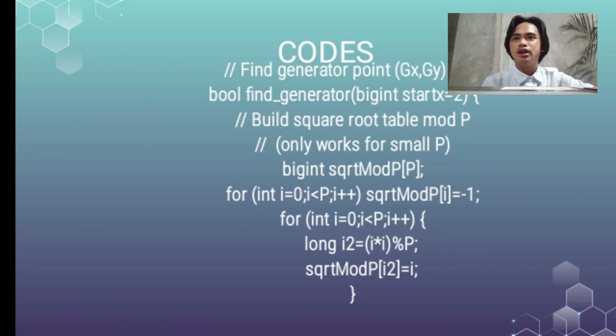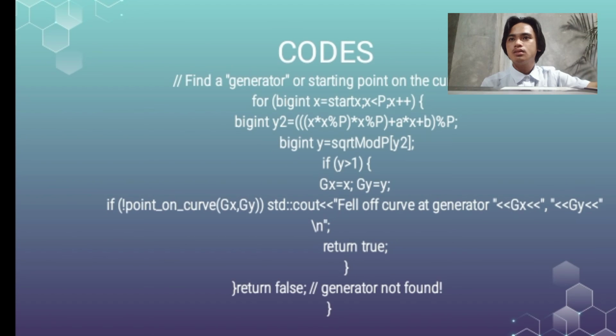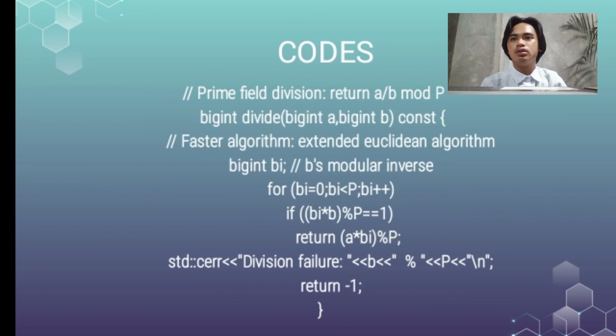Then this is the find generator point, build square root table mode. This is to find a generator or starting point on the curve. This is a prime field division, returning a/b mod p, using the faster extended Euclidean algorithm.